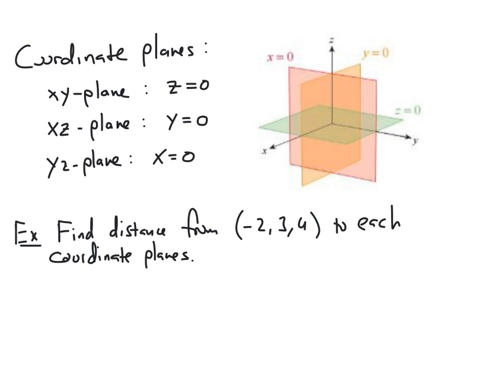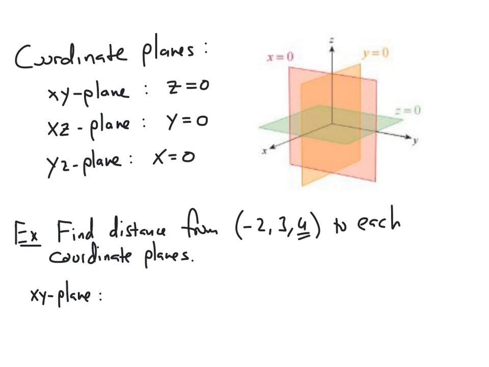If we start with the distance to the xy plane, the xy plane in the picture here is the green plane. To find the distance from the green plane, all I need to know is how far up or down along the z-axis this point is located.